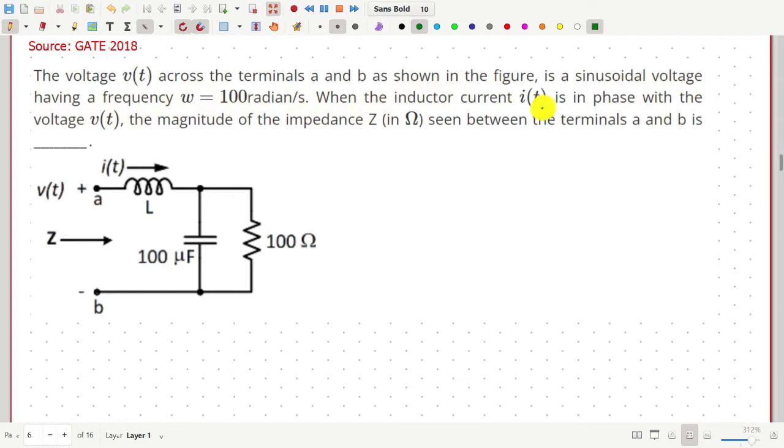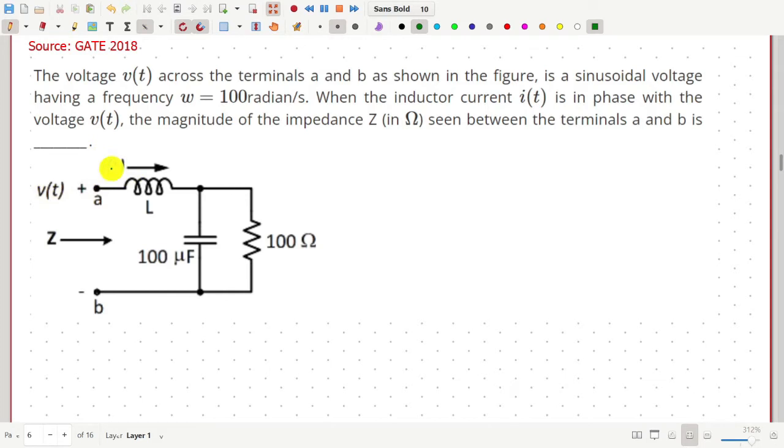When the inductor current I is in phase with the voltage V, that means this current and this voltage are in phase, then the magnitude of the impedance Z, that is the total impedance, is how much. So how much is this total impedance Z when this voltage V and this current I are in phase?